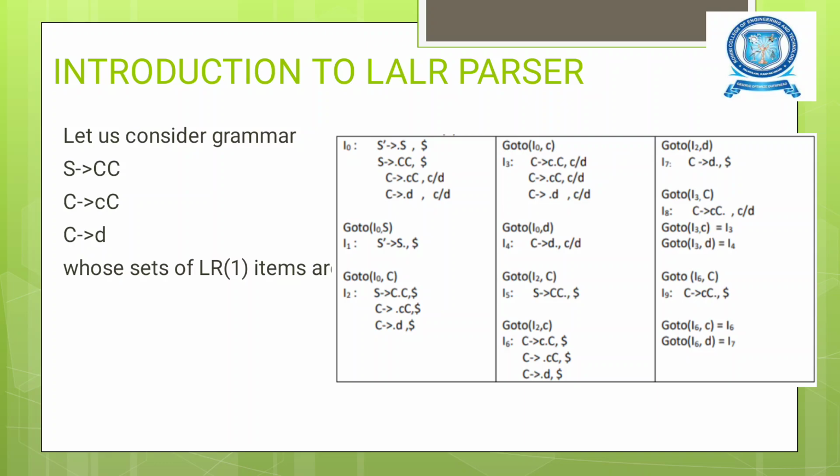For example, I4 has C implies d., with c/d, but in I7, C implies d. has dollar. Only the second component differs, so we can combine these also.